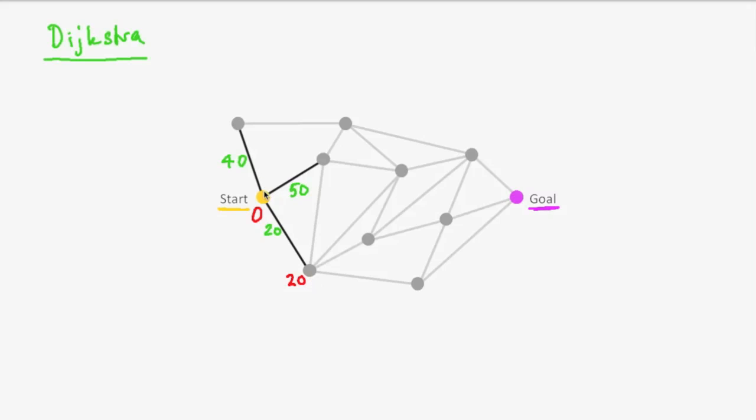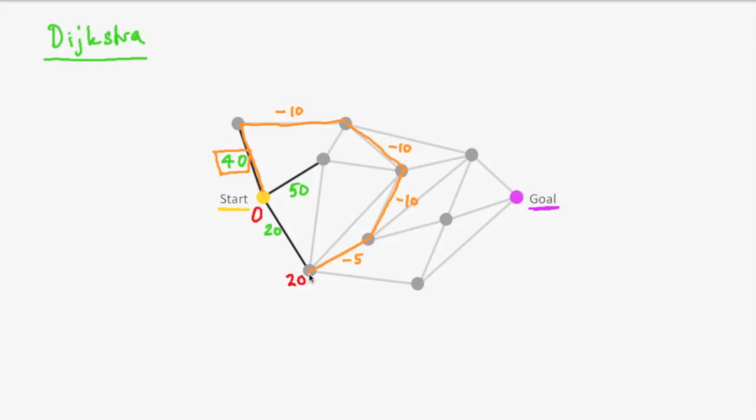Because say there would be any alternative path in the graph, which we may detect later on, then the cost of this alternative path will not be smaller than 20. How can I know this? Well, because the first edge in this path already has a cost of 40. And now you will notice this argument only holds if negative edge costs are not allowed. So for example, if it would be allowed that this edge cost is minus 10, this is also minus 10, this is also minus 10, and this is minus 5, then the total cost along this path would be 40, 30, 20, 10, 5.